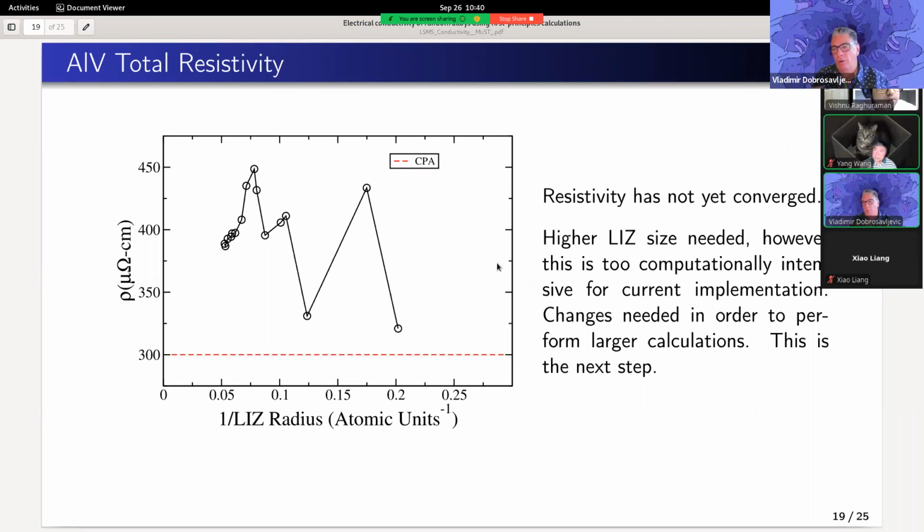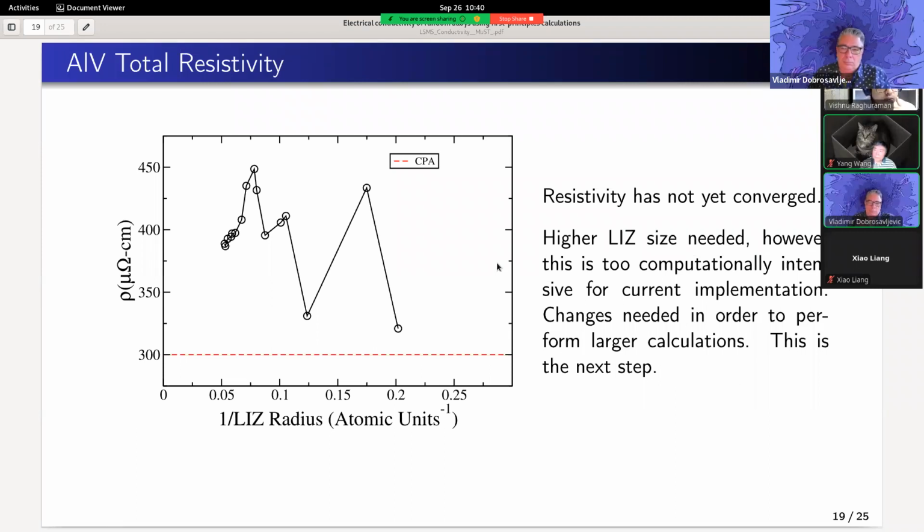This was the whole point of the so-called cluster CPA calculations that Gerald and others have developed, which can be done in real space or in momentum space. It doesn't have to be done in momentum space. So my point is that this convergence, which is pretty slow, is probably because you're not optimizing the medium outside. That's true.